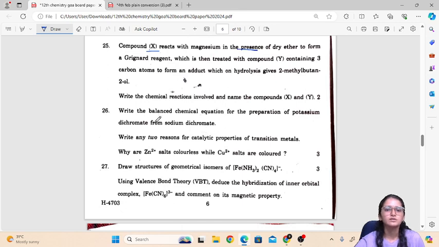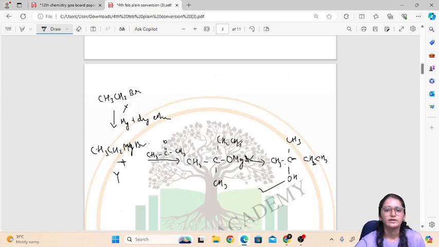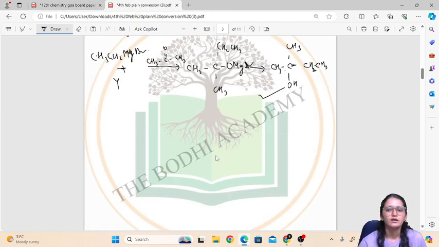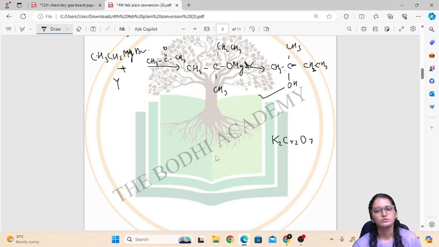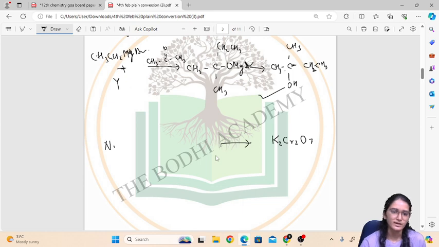Okay, next question is from the D block elements chapter, that is preparation of potassium dichromate from sodium dichromate. So that reaction I will write here. Potassium dichromate is K2Cr2O7. So K2Cr2O7 you have to prepare from sodium dichromate, which is Na2Cr2O7.